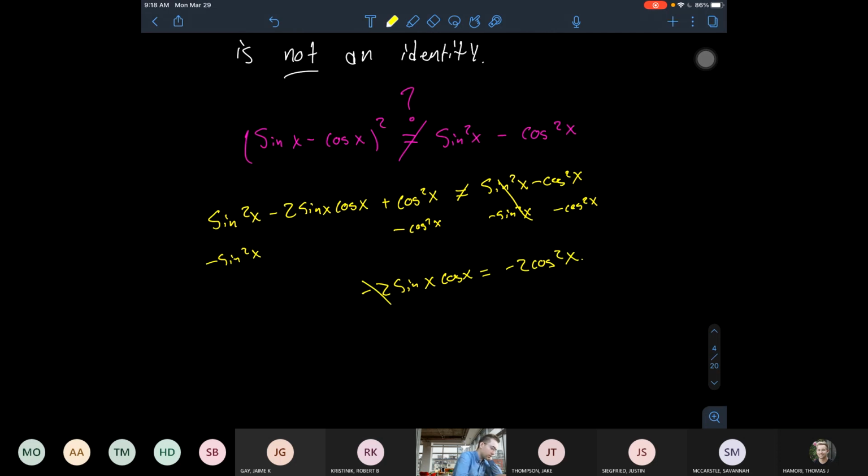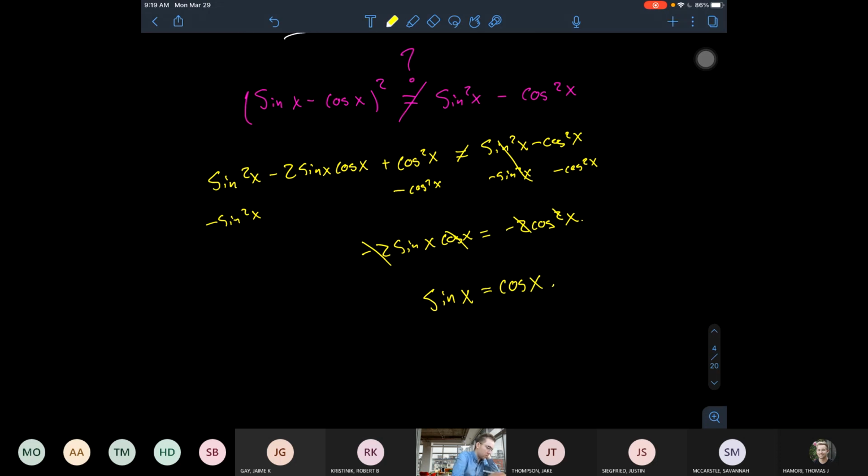Well, I can cancel the negative 2's, and I can cancel one of the cosines. And I have the equation, ultimately, sine x equals cosine x. Or not equals.